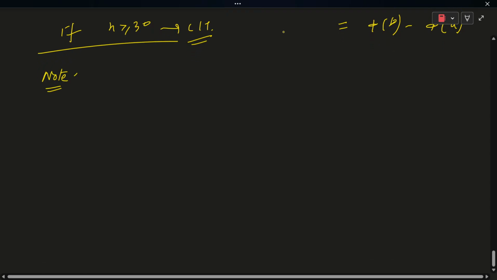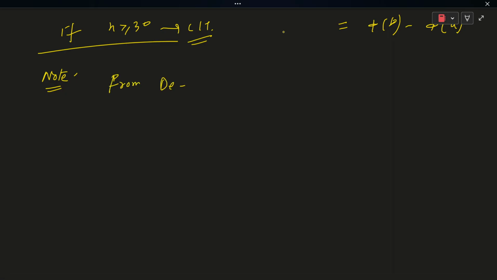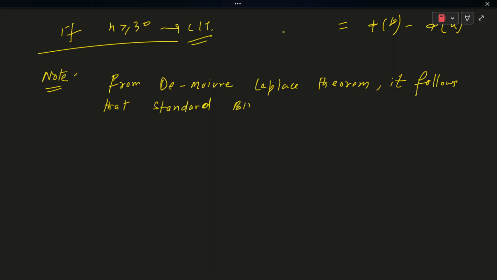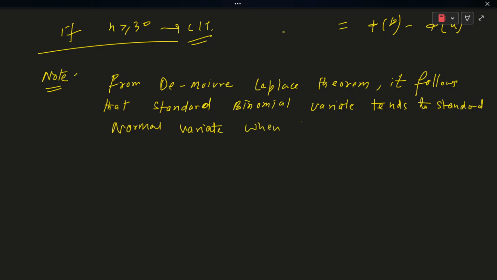So again, note from the De Moivre-Laplace theorem, it follows from CLT that the standard binomial variate tends to the standard normal variate when n tends to infinity.